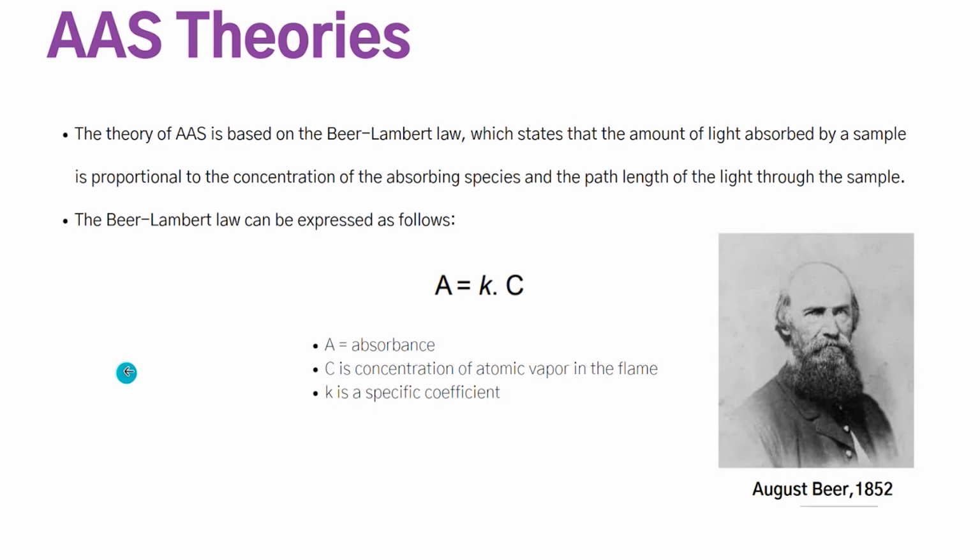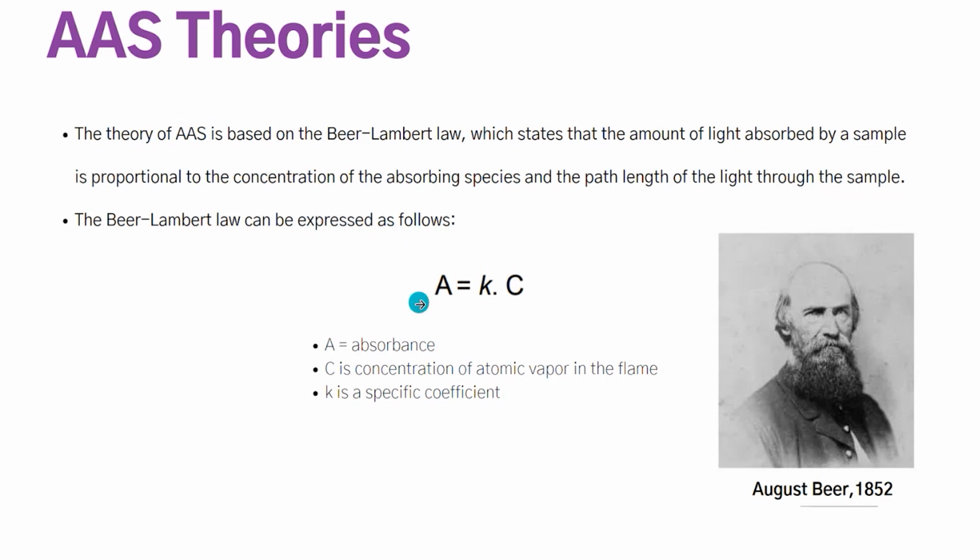So the theory of AAS is based on the Beer-Lambert law, which states that the amount of light absorbed by a sample is proportional to the concentration of the absorbing species, for example, lead, as we mentioned just now, and the path length of the light going through the sample.